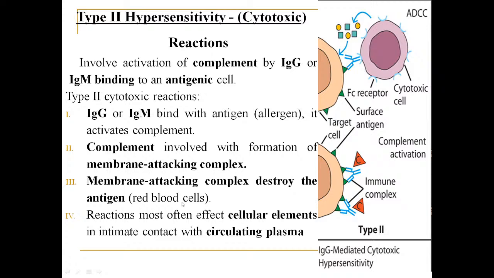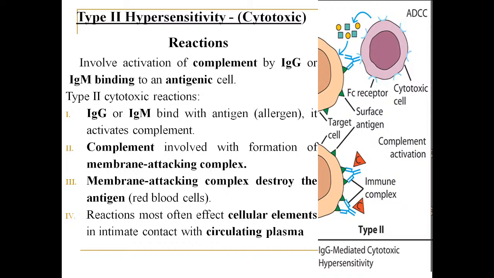What are antigens in type 2 hypersensitivity? These are mostly cellular elements, cellular components. These are red blood cells. In anaphylactic reaction, in type 1, allergens are mostly proteins, foreign proteins: food components, maybe foreign serum, or maybe some medical components, antibiotics.